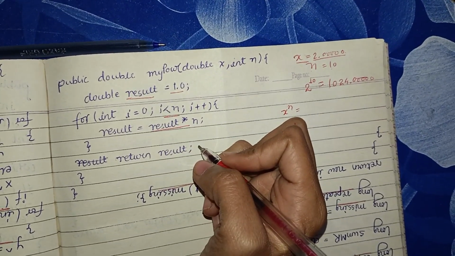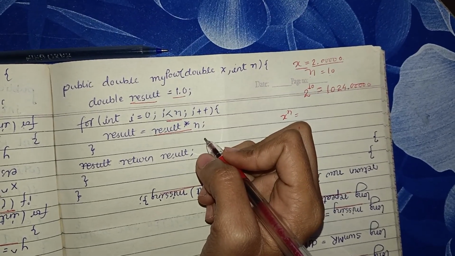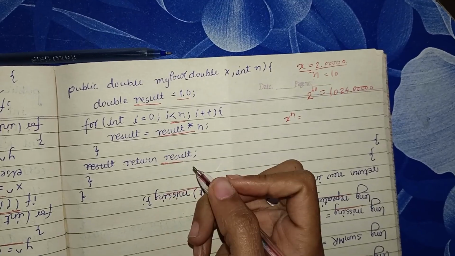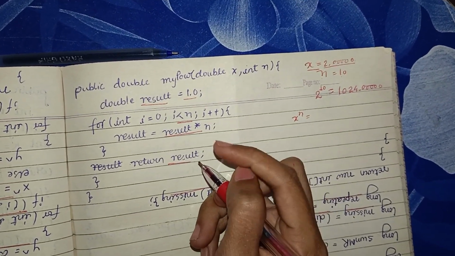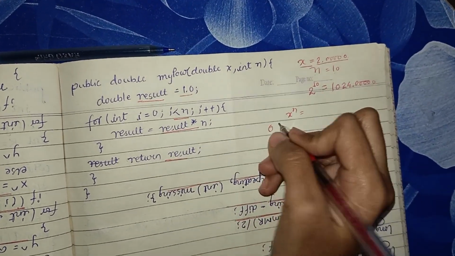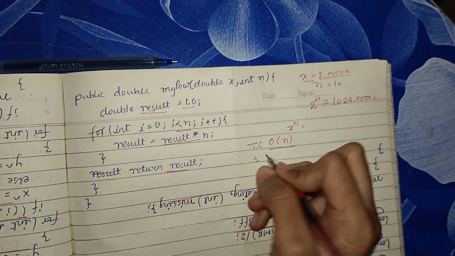After the loop ends, result contains x raised to the power n. Finally, we return result. This approach is simple and easy to understand, but it is slower for large values of n. The time complexity of this code is big O of n, and space complexity is big O of 1.